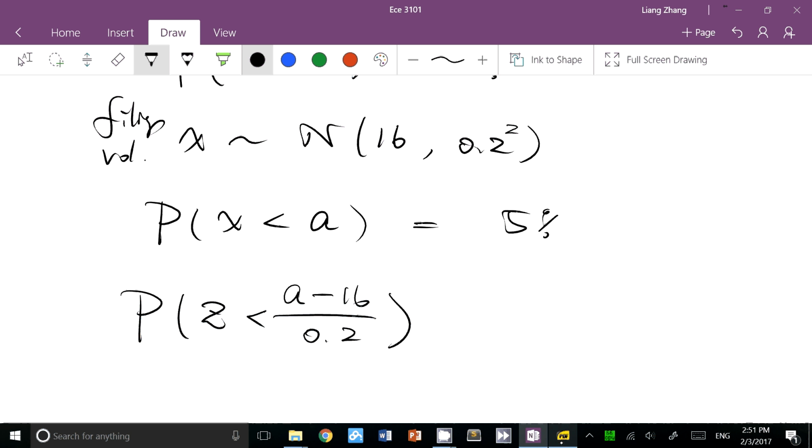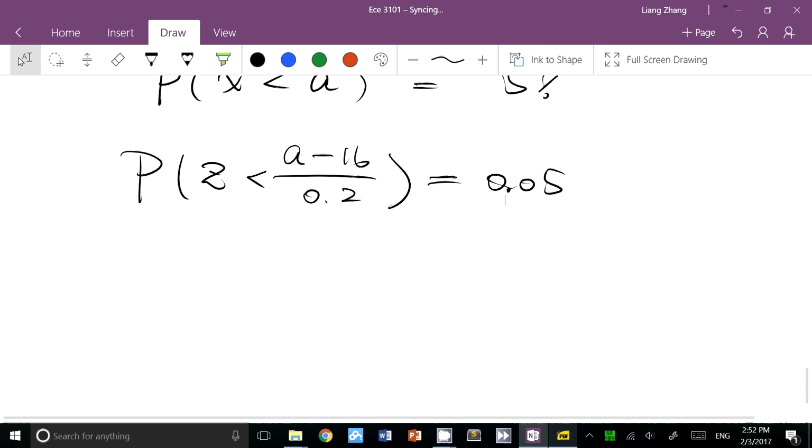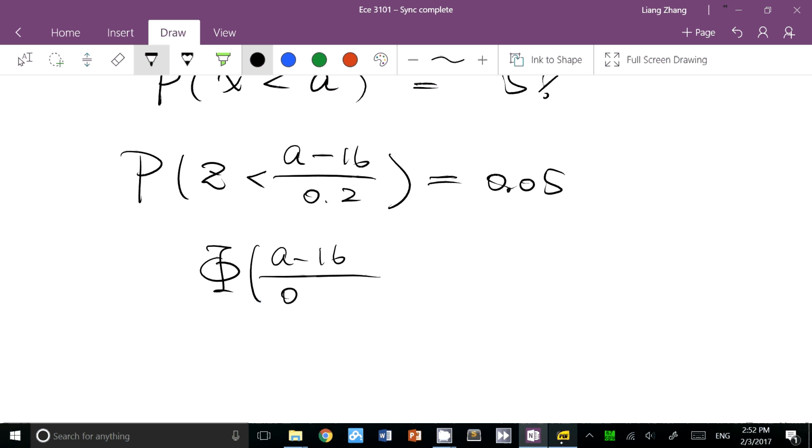We want this to be equal to 0.05. Now we can rewrite this in terms of phi, since this is already Z less than a certain number, and we want this to be 0.05.